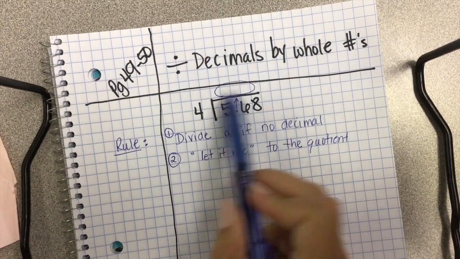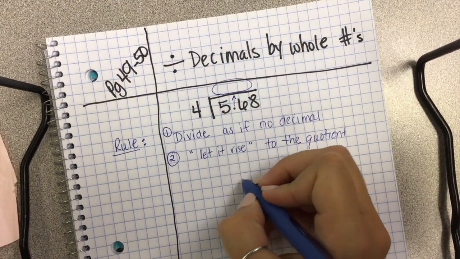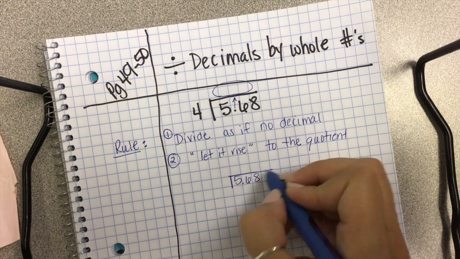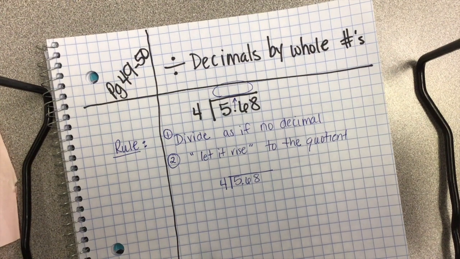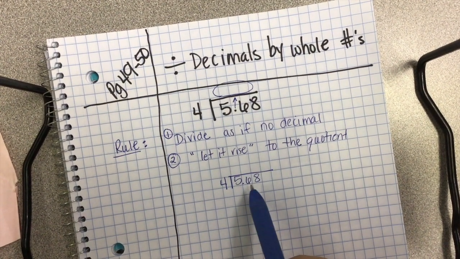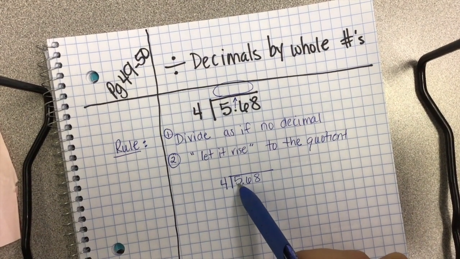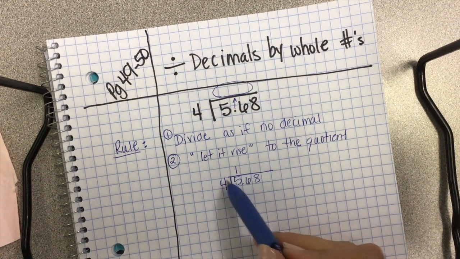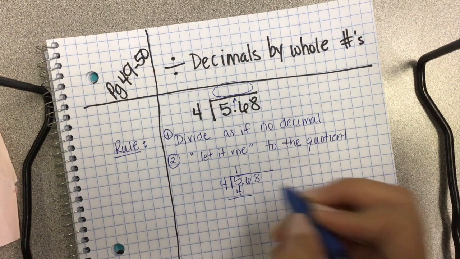So if I use this as an example, so 5 and 6800ths divided by 4, I'm just going to divide as usual, right? I'm going to ignore that decimal. So 4 goes into 5 one time. 1 times 4 is 4.